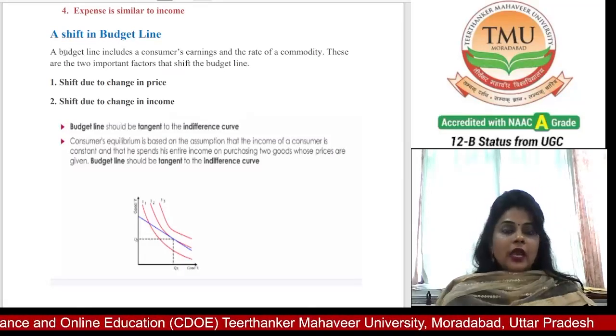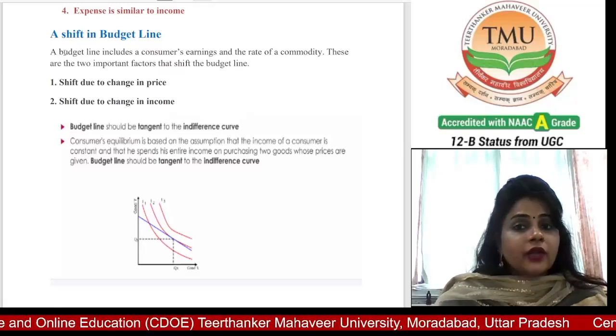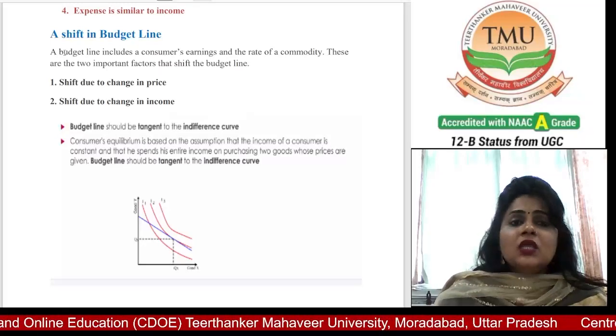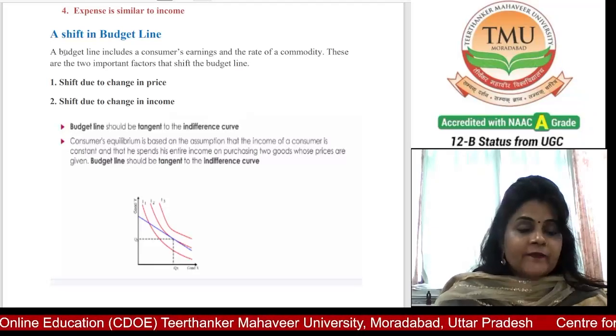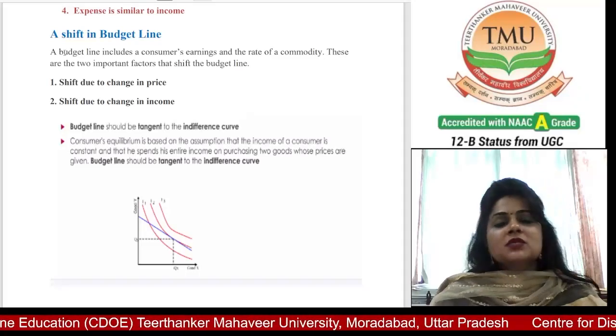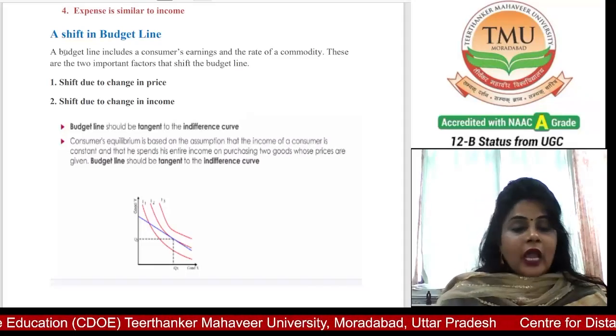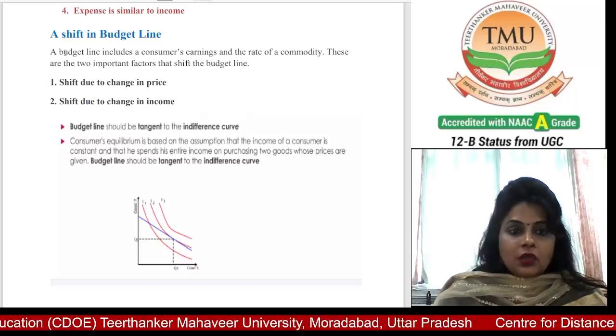A budget line includes a consumer's income and the prices of commodities. These are two important factors that shift the budget line. First, shift due to change in price. It means the price of the product either increases or decreases from time to time.